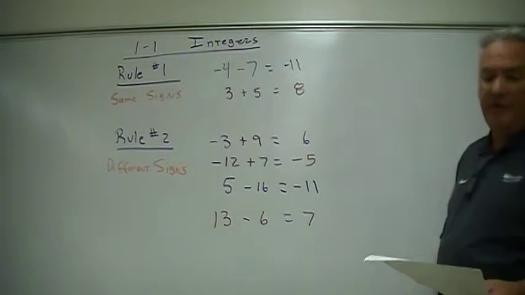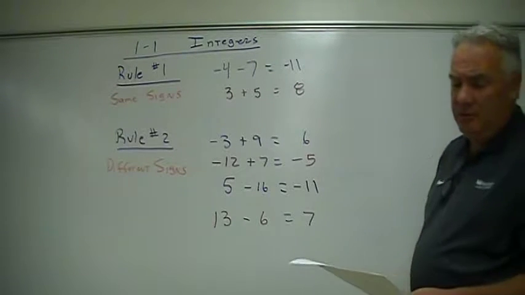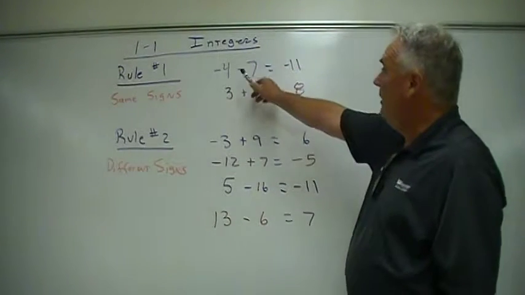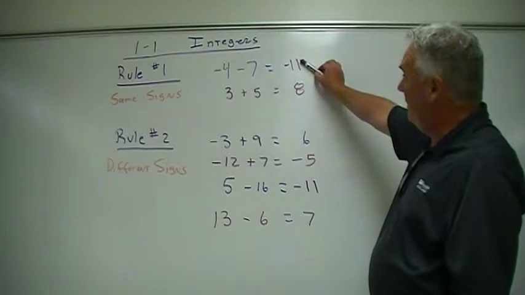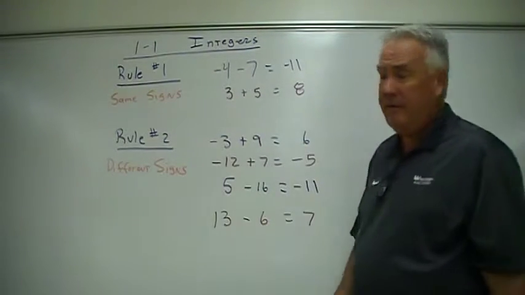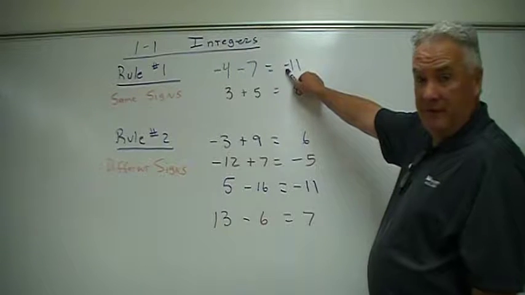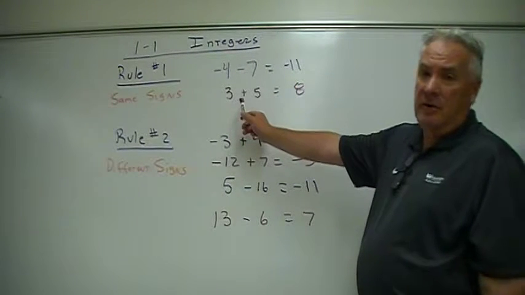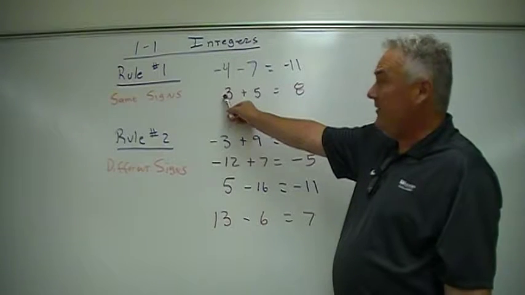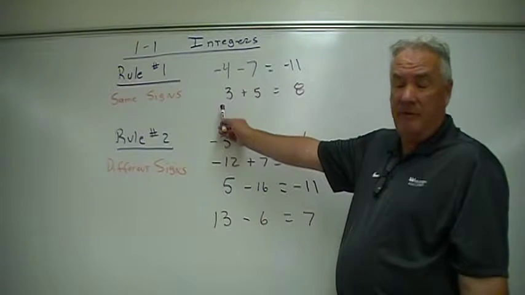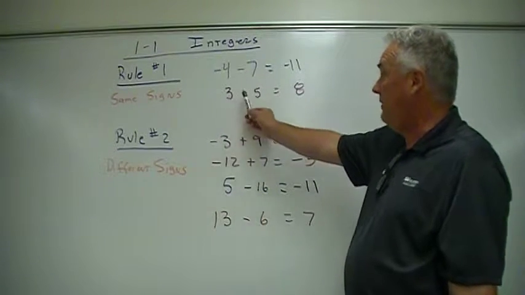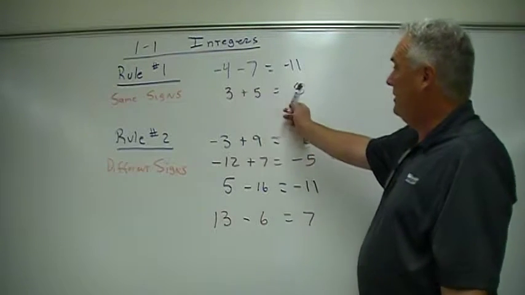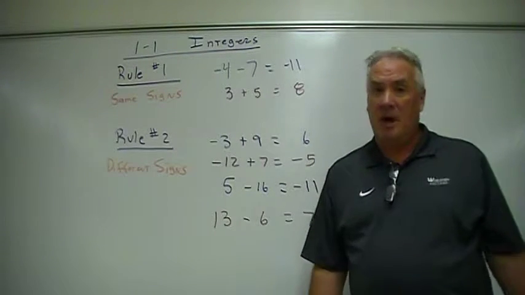Rule number 1, if the signs are same, add the numerals, keep the same sign. 4 plus 7 is 11. They are both negative, so the negative travels. You did this back in kindergarten when you learned to add. +3, there's no positive before the 3, but we know it's positive, plus 5. 3 plus 5 is 8, and we keep it positive.